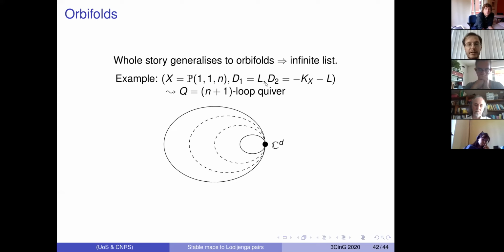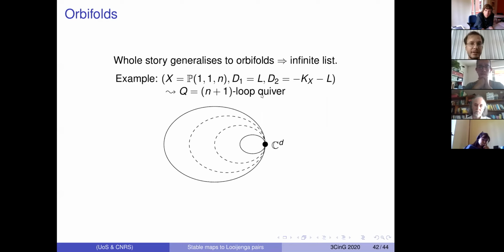Instead of having a line and a conic, we can take D1 to be a line connecting one of the smooth torus fixed points with the point with mu_n stackiness, and D2 to be a smooth member of the linear system generated by the union of the other toric divisors. And in this case, the quiver would be the n+1 loop quiver.